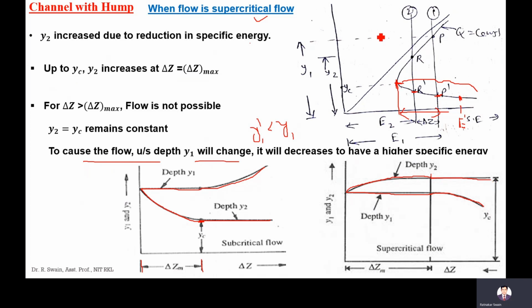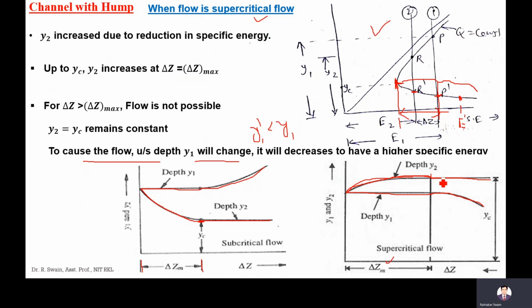So here, if you see this plot, you could understand. Again, I'm just saying that initially this is your section 1. If you increase delta Z, E2 will decrease, but Y2 will increase, and it will increase up to this Yc, up to this delta Z maximum.